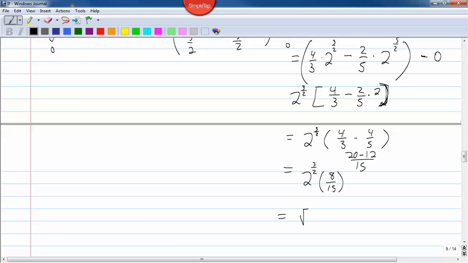Or the square root of, you know what that is? The square root of 2 cubed. So that's the square root of 8. So that's going to be 8 square roots of 8 over 15.